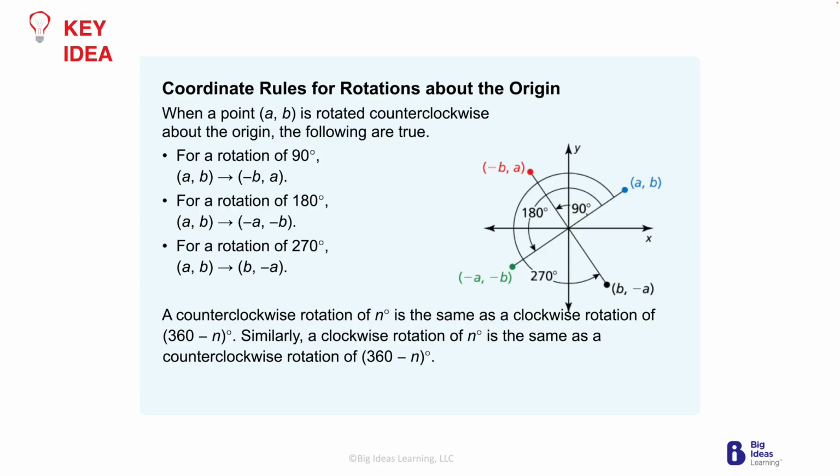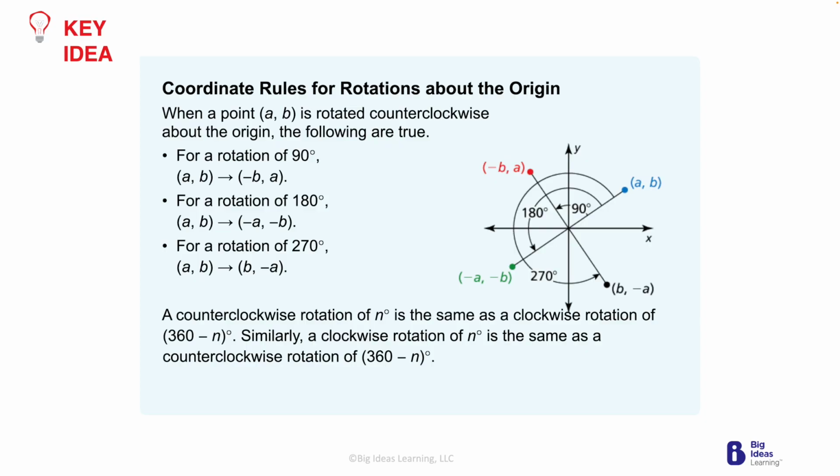If you're rotating it 90 degrees counterclockwise, flip the coordinates and change it so you have negative B, A instead of A, B. So basically, it's negate the Y and flip. To do a 180, it's just change the sign on both of them. So negative A, negative B. For 270, you switch them again, but this time what was the X becomes negative. So if you had A, B, now you have B, negative A.